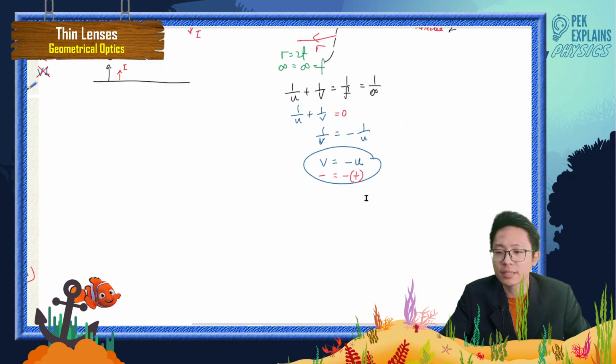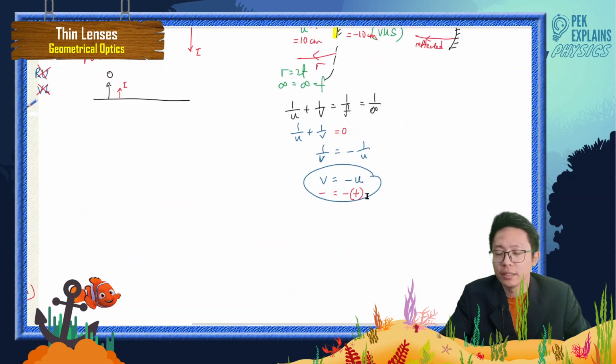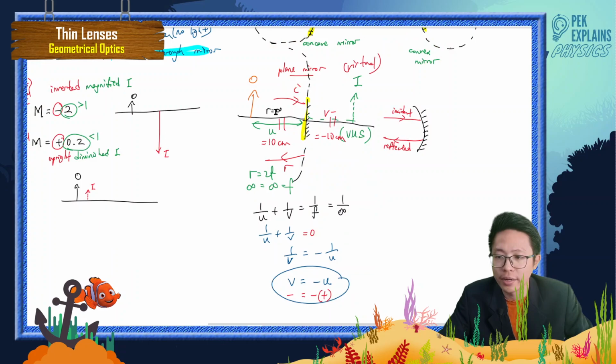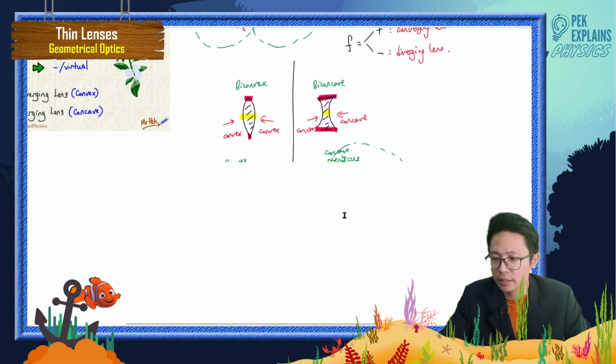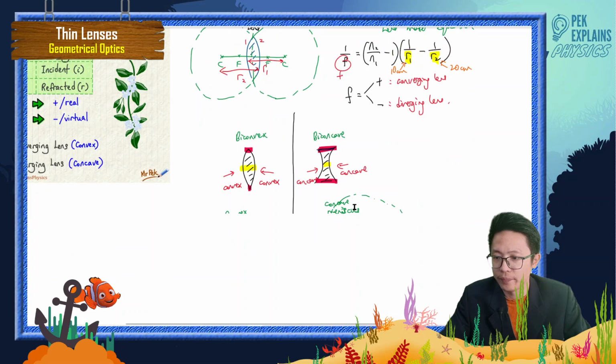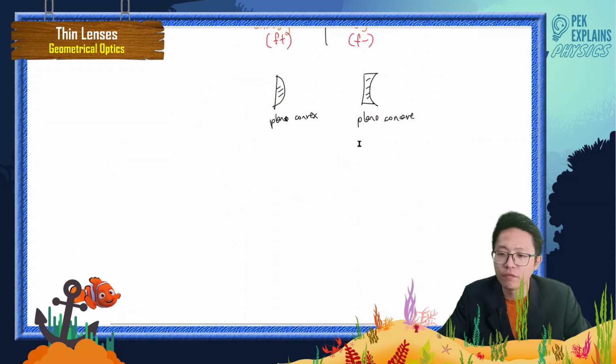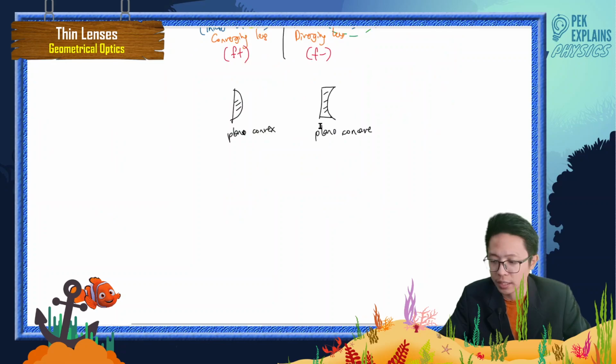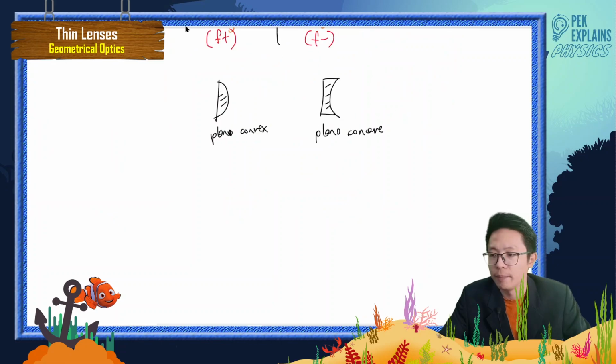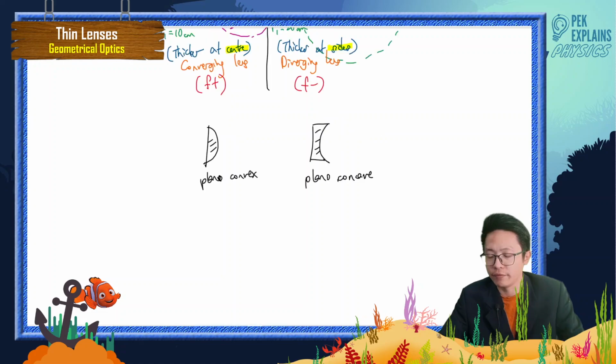That's about mirrors. I just want to mention that for the plane mirror the radius is infinity, because it is just like a very big sphere. For plano-convex and plano-concave, also there is a very big sphere.